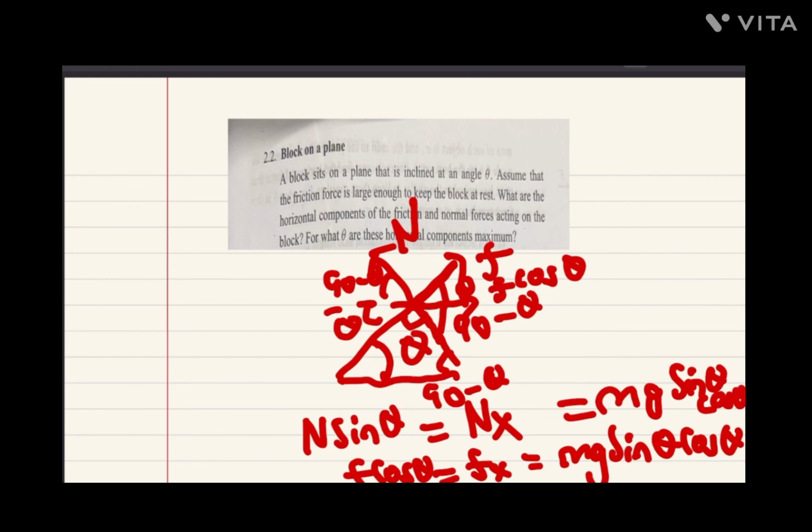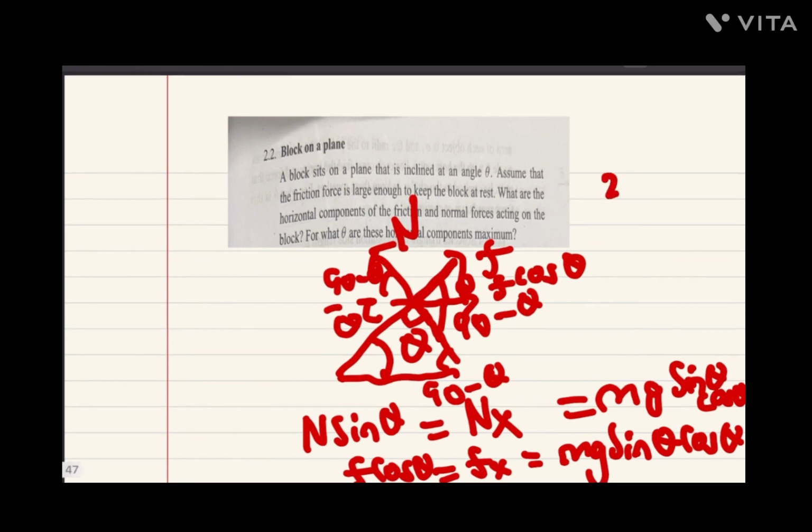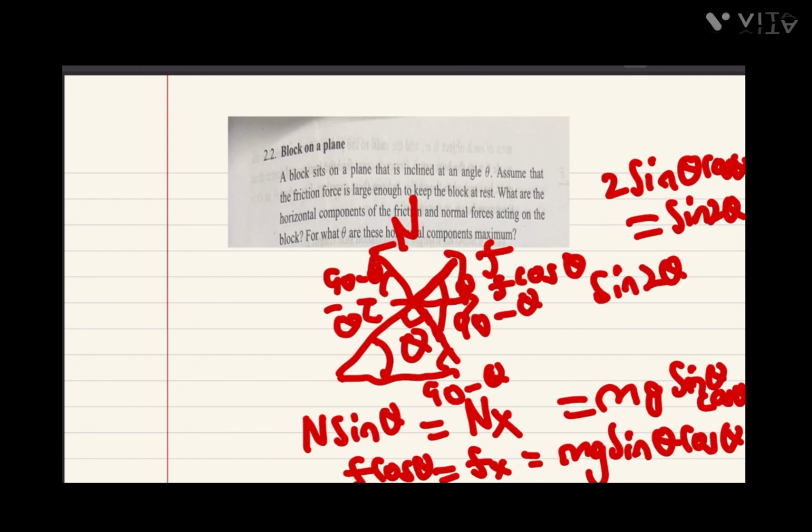Now how do we find the maximum value of these horizontal components? For what value of theta? We know that mg sin theta cos theta can be written as mg sin 2 theta by 2, because 2 sin theta cos theta is equal to sin 2 theta. We know sin 2 theta is maximum when theta is equal to 45 degrees.